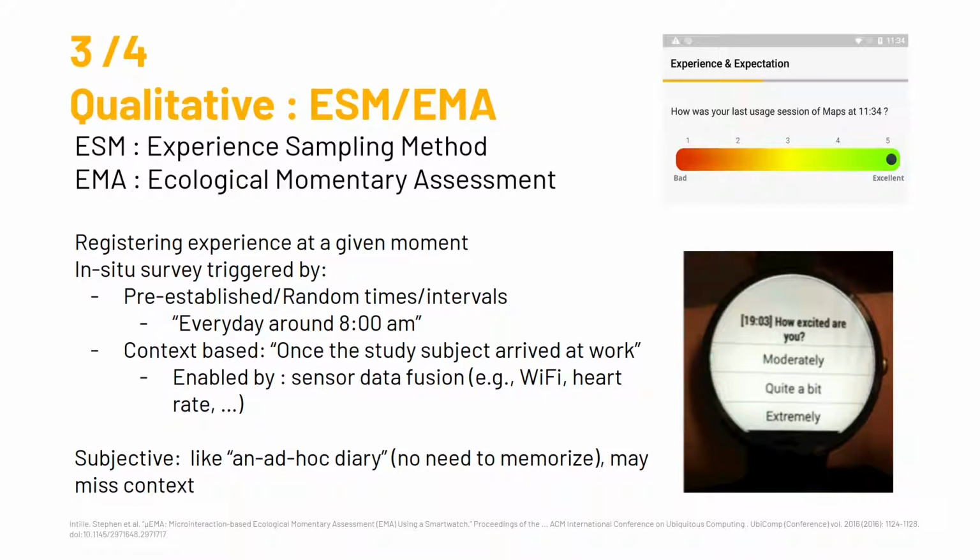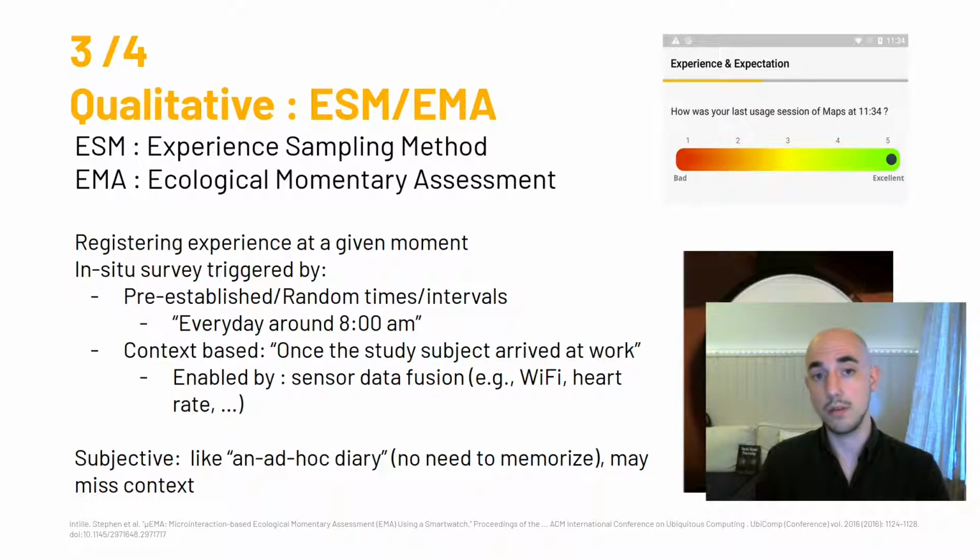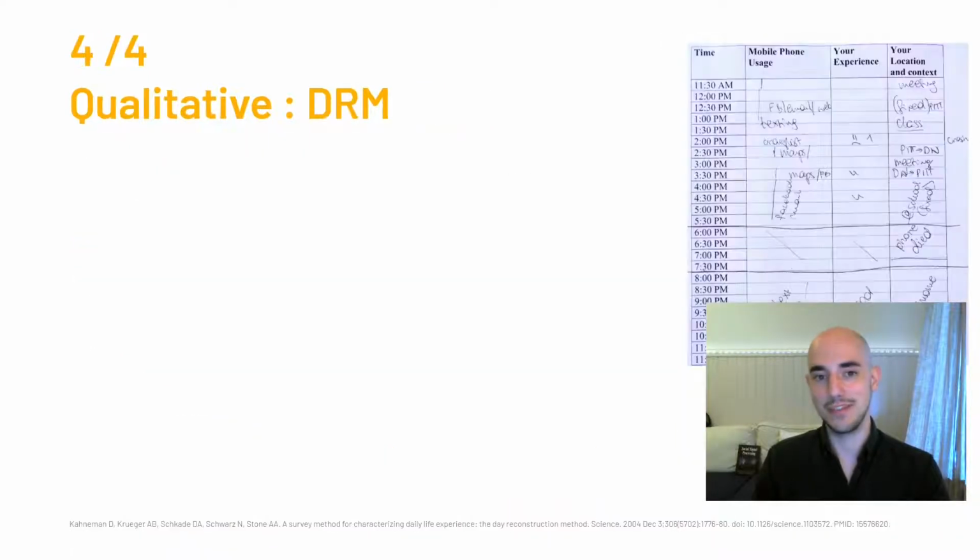For example, here you can see the time of the notification, a question, and all the responses under it. So it's more like an ad hoc diary, but it can miss context. It's really important to see how you phrase the question that you ask, and always look at the validated scales in the domain.